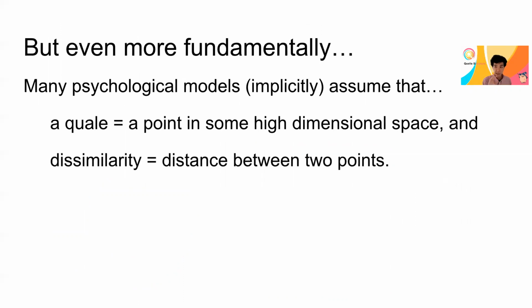And then dissimilarity between two experiences is probably something like a distance between the two points. That's the sort of intuition many people have, or at least that's the implicit assumption of the models that you have possibly seen in other people's presentations. But here the question is: is this really reasonable?